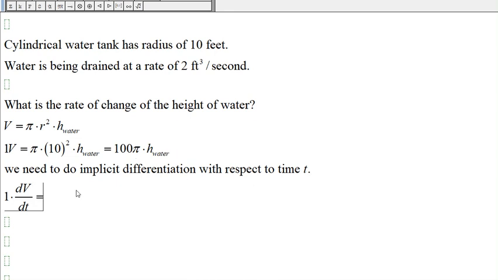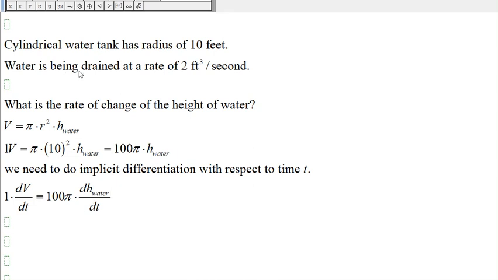And this is the constant 100 pi, and then this is h, and we're doing the derivative with respect to time, so it will be times the derivative of h, the height of the water, with respect to time. And so this is the rate of change of the height of the water.